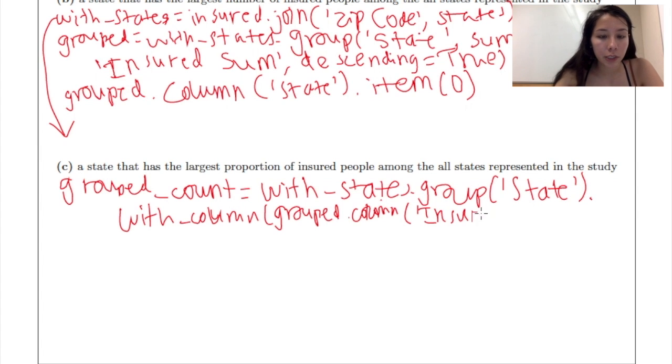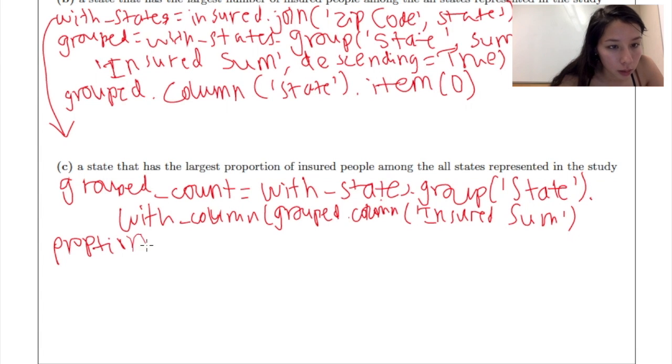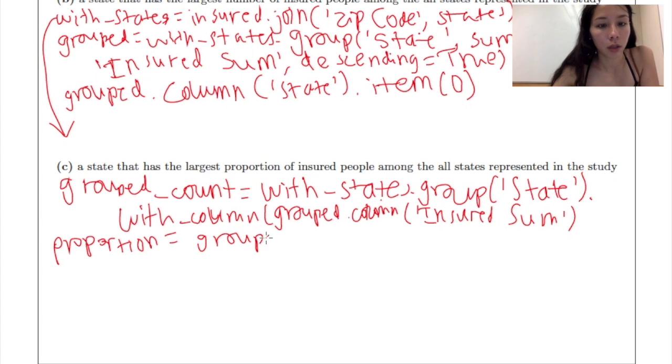Okay, now we want to get a table with the proportions. So what I did is I just made a table called proportion. So in this table we're going to take grouped count, and we're going to just add a column to it that has a proportion. Okay, grouped count with column.